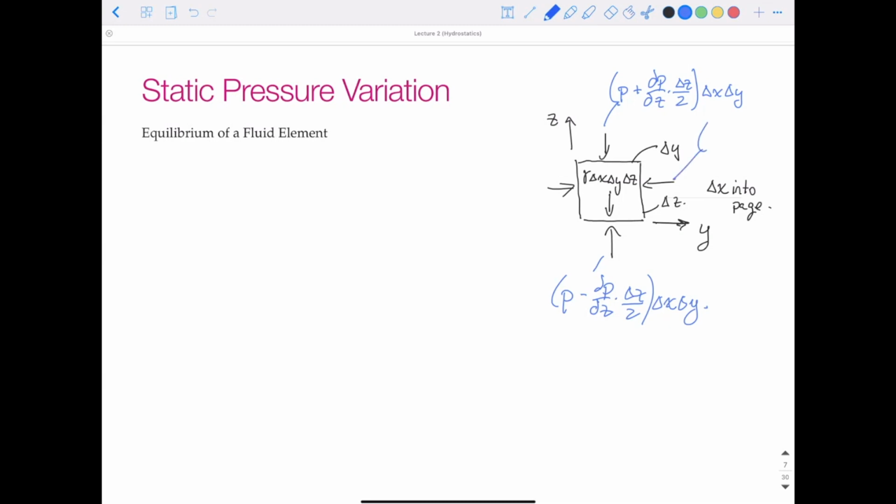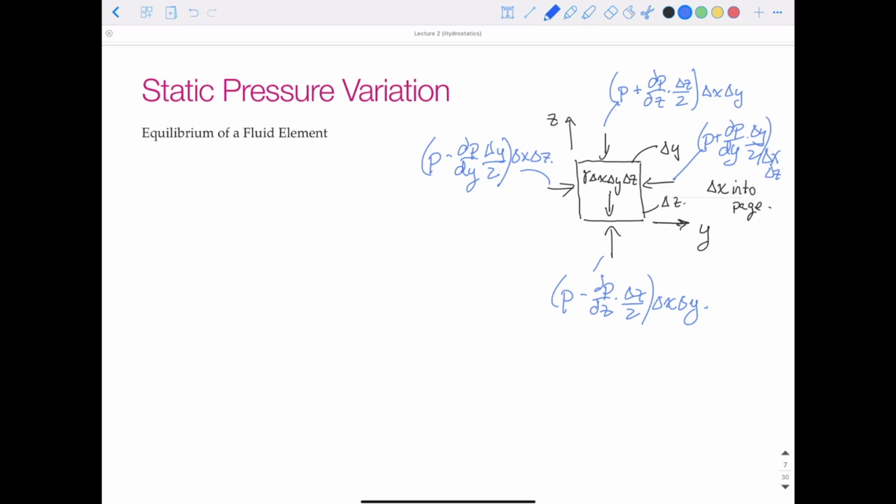On the left-hand side, we have P plus the gradient dP/dY times delta Y over 2, times delta X, delta Z. And then over here, pressure minus the gradient dP/dY times delta Y over 2, times delta X, delta Z. These equations are just the equilibrium equations for forces acting on a volume element.